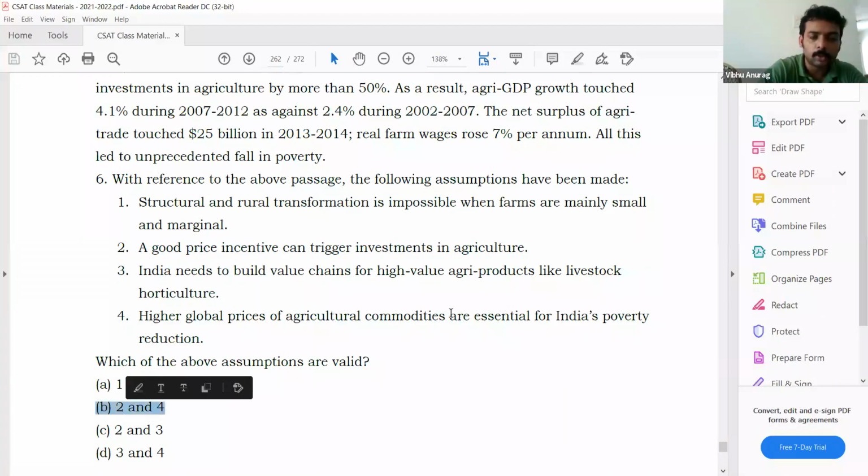Answer should be B, 2 and 4. Okay, B is the answer. 2 and 4.